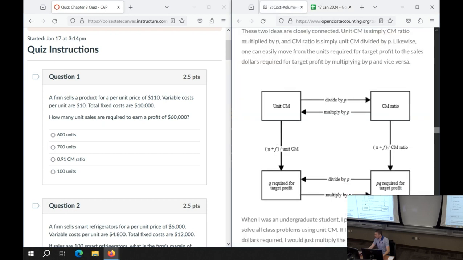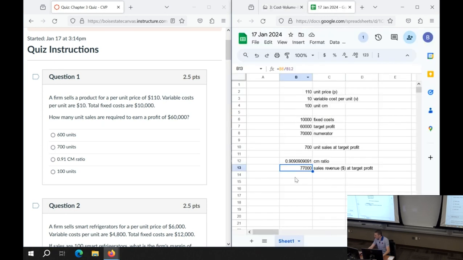So this is our target sales. This is the total sales at target profit here. And we can divide that. Well, every sale is $110. So that means 700 unit sales at target profit.